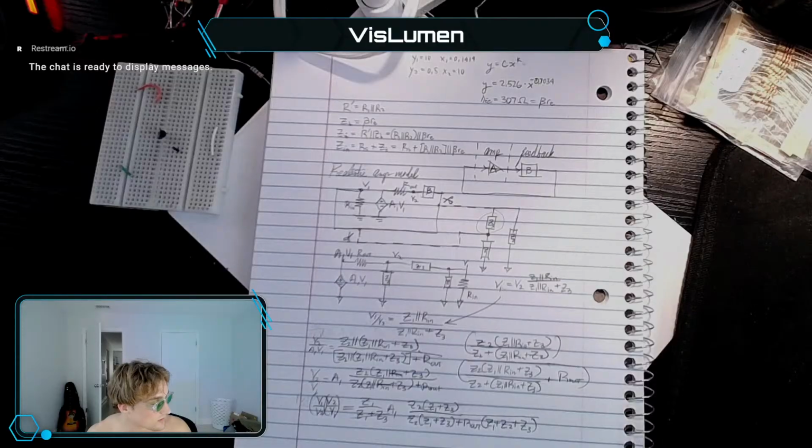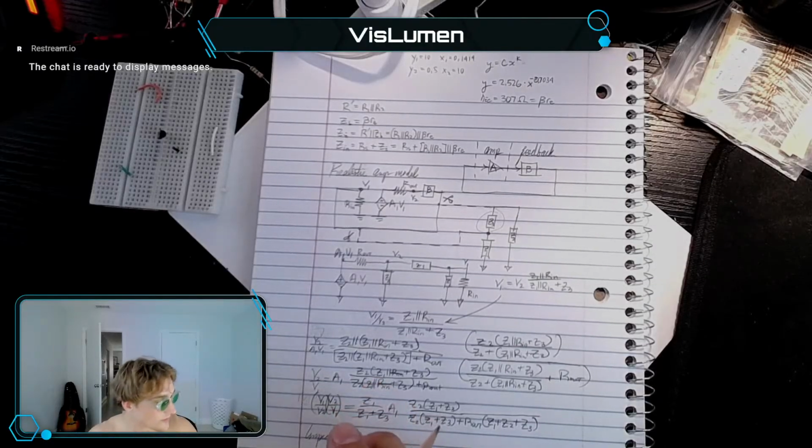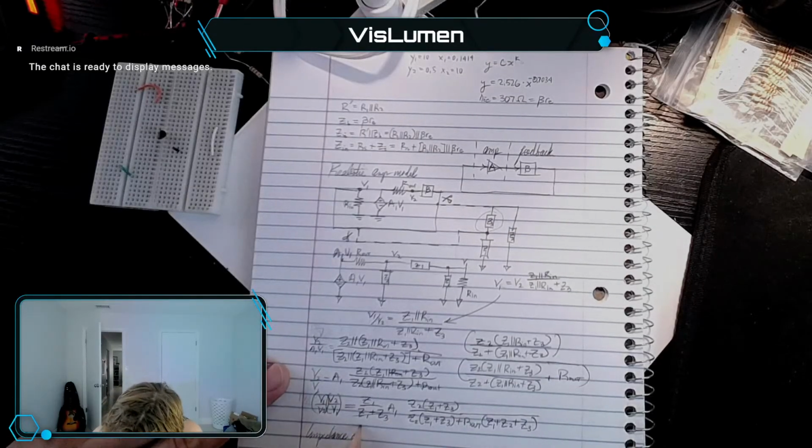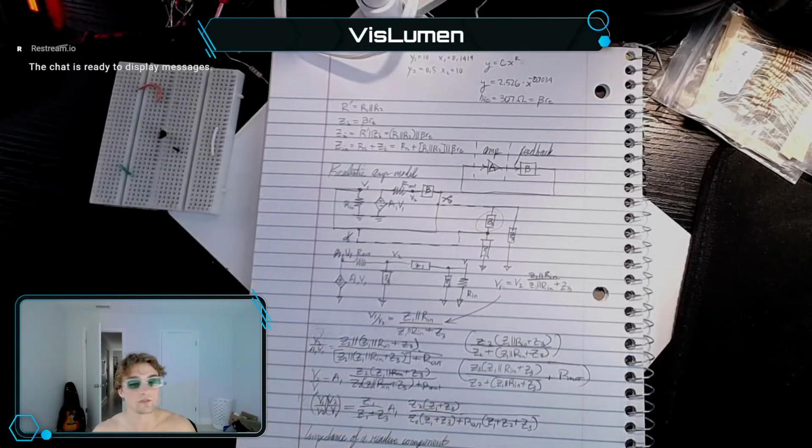Impedance of a reactive element is j times the reactance when I write this equation. Impedance of a reactive component.